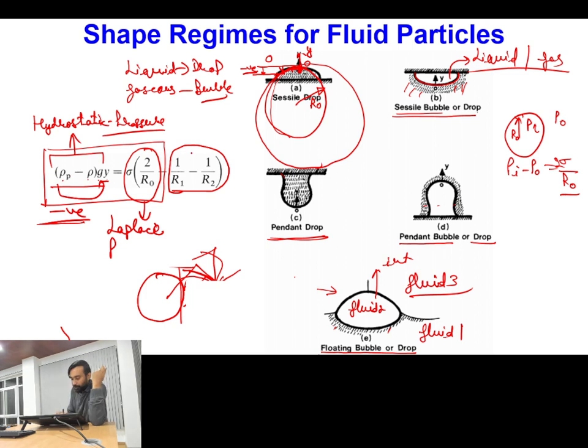So in order to dominate this negative portion, the values of R1 and R2 should be small. Then only this will be large. So in the case of your sessile bubble or drop, if you move away from the center location along the curvature, then your radius of curvature actually decreases.